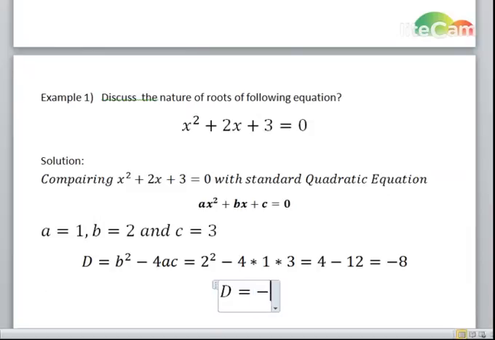D is equal to minus 8. So D is less than 0.